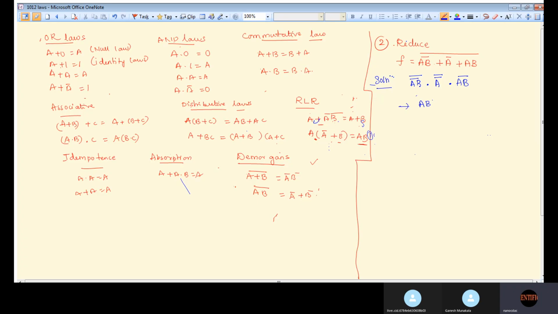AB bar whole bar is equal to AB. A bar whole bar is equal to A. Again here we have AB whole bar. Now AB into AB whole bar into A will be equal to what? What is the answer?